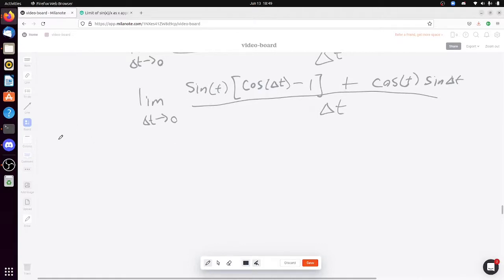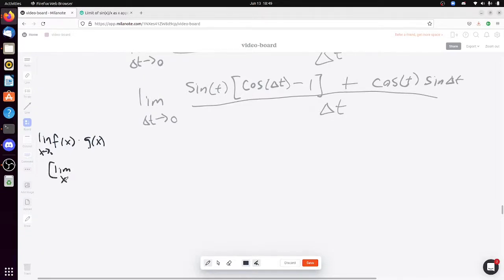The basic idea is that if you're trying to find the limit as x approaches 0 of f of x times g of x, you can apply the limit to each factor. A limit of products is the same as a product of limits, for certain assumptions.